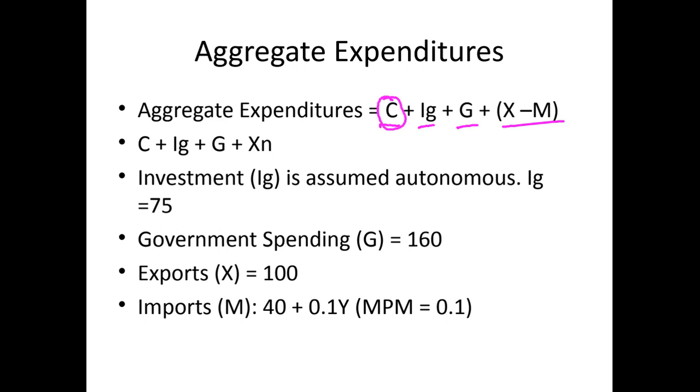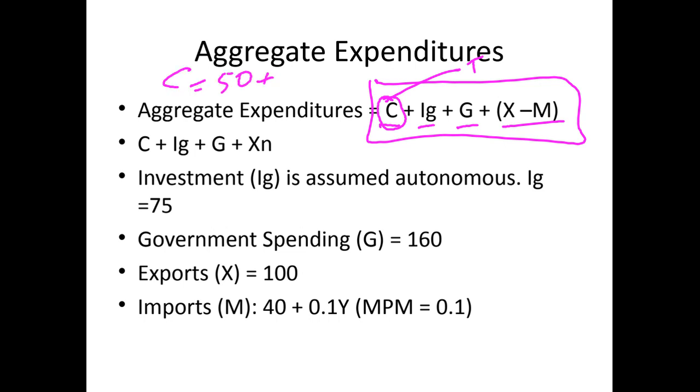I haven't talked about I_G, G, X minus M. Remember, there are no taxes here. T is not in this whole aggregate expenditure equation. Actually, taxes are hidden in consumption, because consumption is 50 plus 0.75 YD, and YD is actually Y minus T. So taxes are here. Later on, we will plug these taxes into consumption, don't worry.